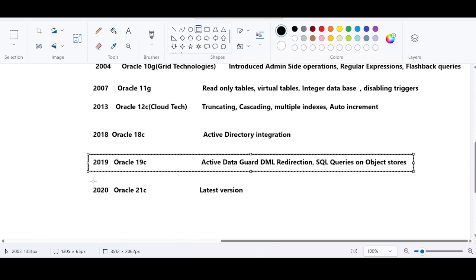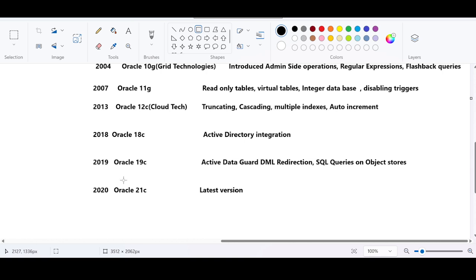Not only in Oracle, with any software platform, they don't do the migration just like that. If something is introduced in the market, they don't purchase it or go after it, because there will be consequences, since they don't know the actual behavior of the latest version in real-time applications.